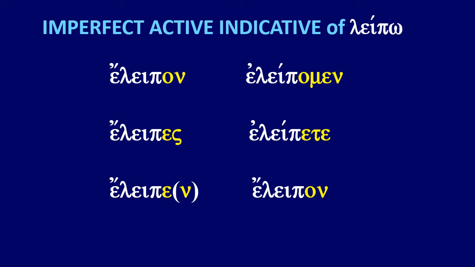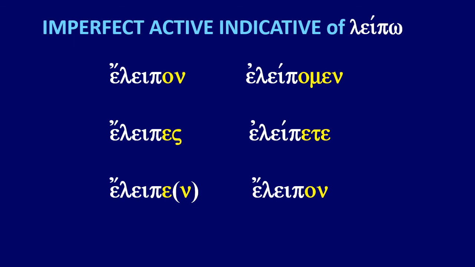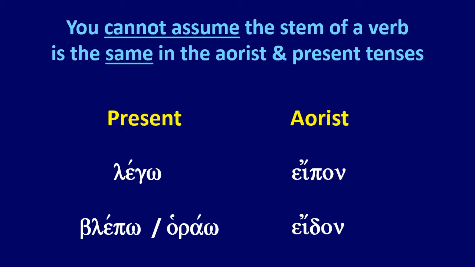So you just have to be really keen to note some of these differences. Again, note the contrast between the second aorist active indicative of leipo, which you see here, where the stem has changed, versus the imperfect active indicative of leipo, where there is no stem change. They look very similar to one another, and you just have to have a watchful eye about that minor difference in the stem.